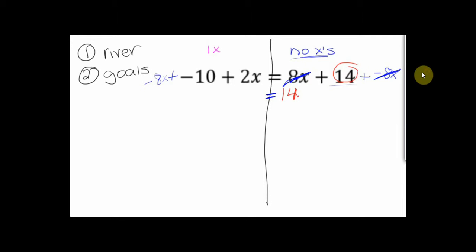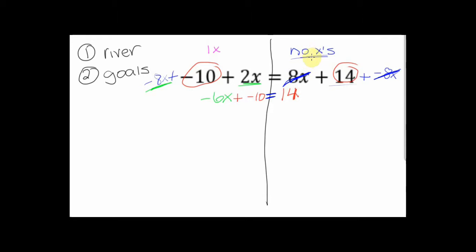Now over here, I have a negative 8x, and I also have a positive 2x. Those are like terms, therefore I can add those. When I add negative 8x with positive 2x, I get negative 6x. And then, of course, I'm left with this negative 10, so I'm just going to bring that down.